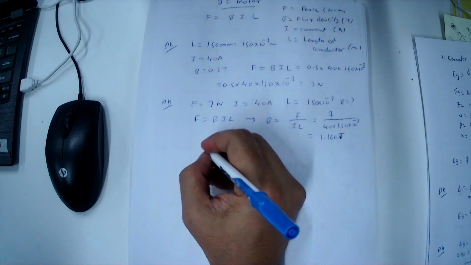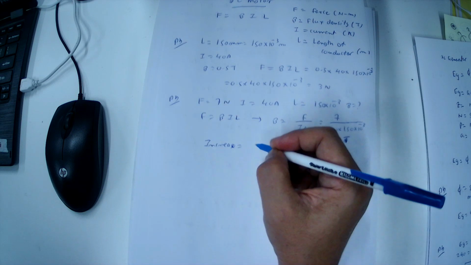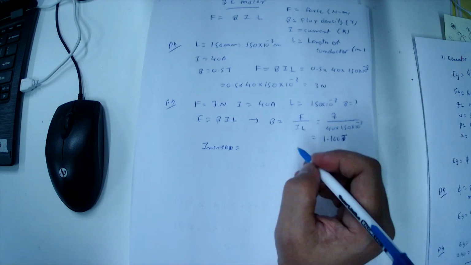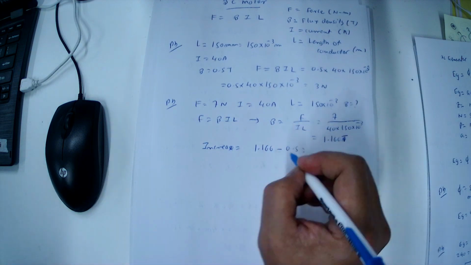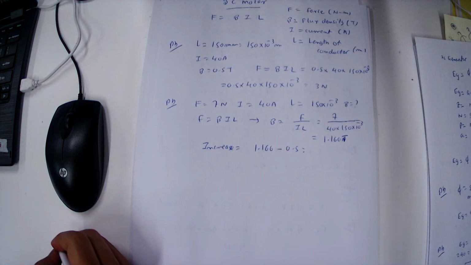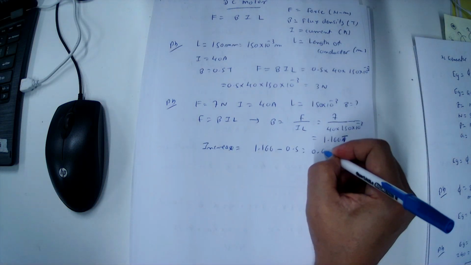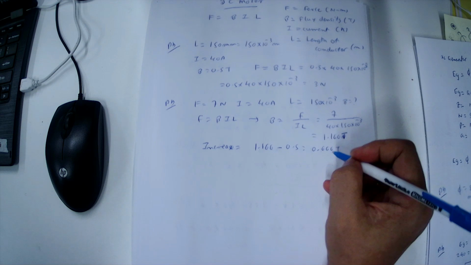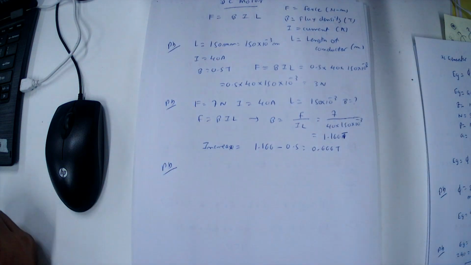So in this case, how much is the increase? Originally it was 0.5, so 1.166 minus 0.5. That will be 0.66 Tesla. So this is how much the flux density is increased.